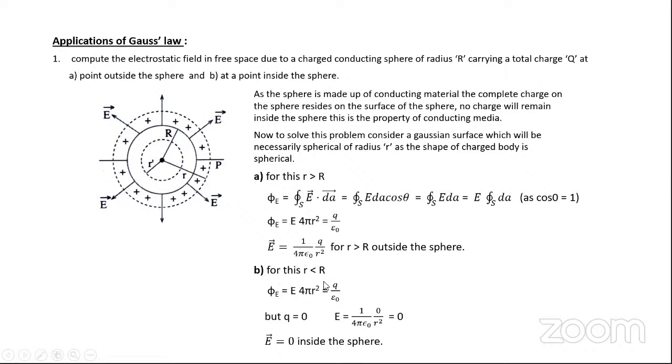Okay. Now the next thing is, what if r is smaller than capital R? That means the point P is inside the charged sphere.